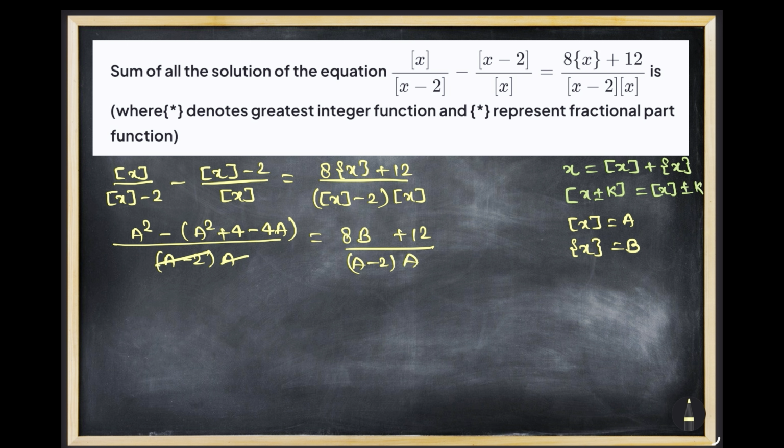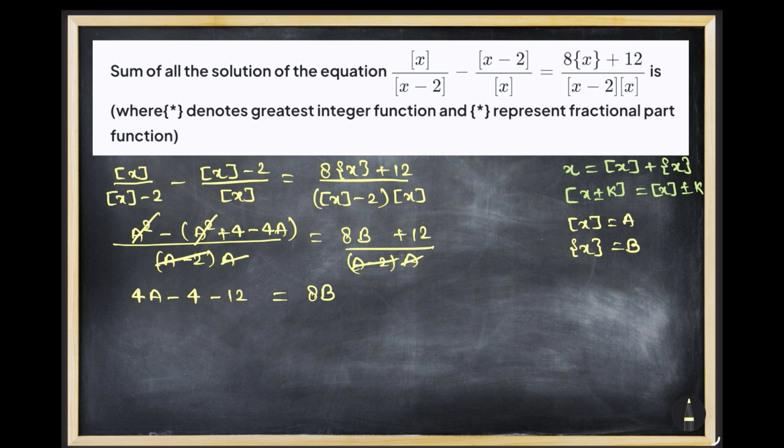Now (A minus 2)A will be neutralized, we will be left with 4A minus 4, and this 12 will come to this side, so it will become plus 12, so it is 8B.